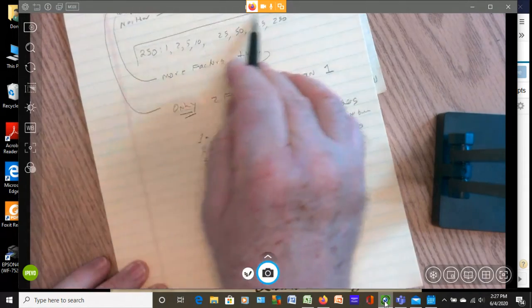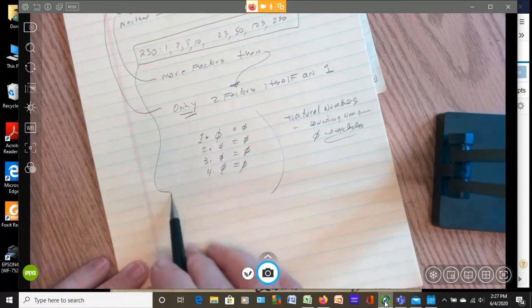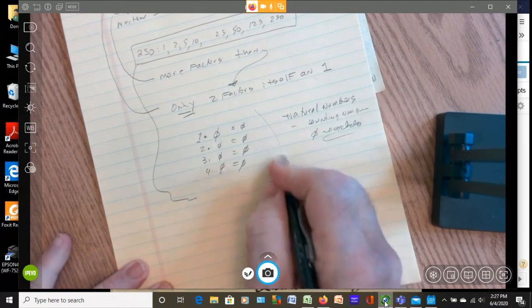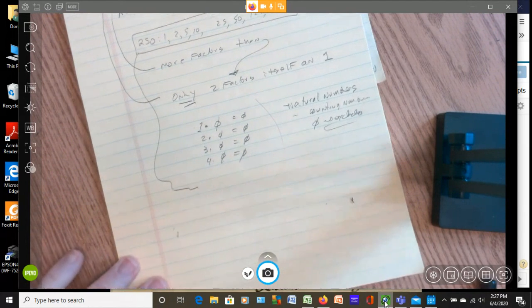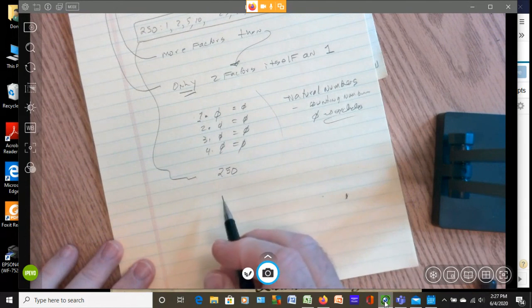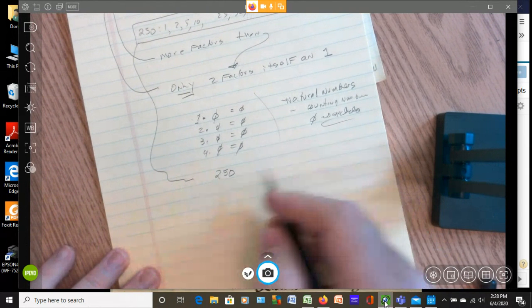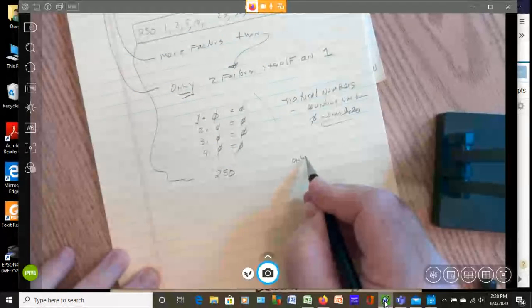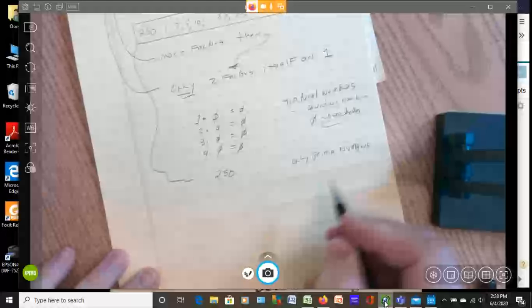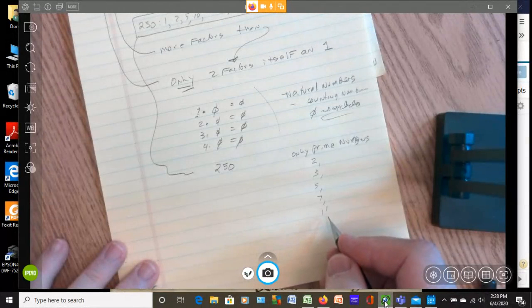Where are you trying to go with this? I'm going to take the example we did before, which was 250, and show you another idea for how to determine the factors of a value. I'm going to use only prime numbers in my factorization. What are prime numbers? Well, let's write some down: 2, 3, 5, 7, not 8, not 9, but 11, 13.